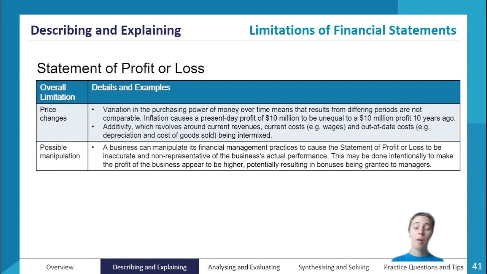Some other ones. Now, price changes. So the value of money changes over time. So the purchasing power of money, and that results in different periods not being able to be compared. So, for example, if we think of the impact of COVID-19, it would be pretty tricky for businesses to be comparing 2019 to 2020 because of the impact of COVID on the economy.